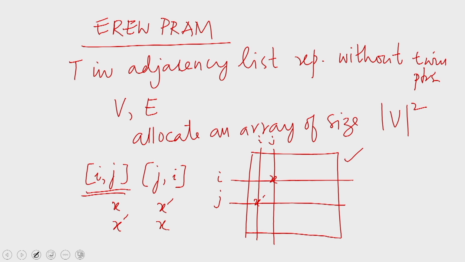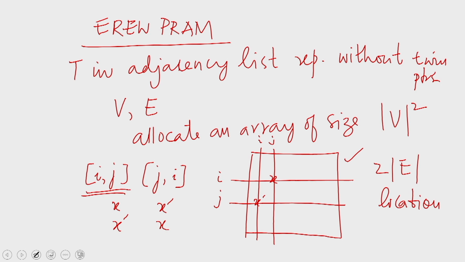So, we have now managed to establish the twin pointers with the help of a two dimensional array. All we had to do was to allocate an array of size mod V squared, but since we did not access every single location of this array, the actual use of the array is restricted to mod E locations, or twice of that.